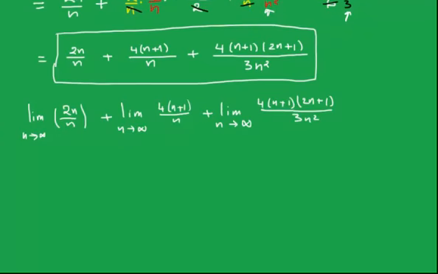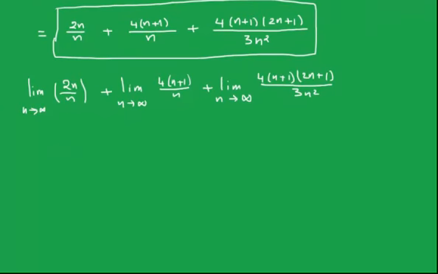Now we know how to compute limits at infinity. The first limit here, we can just cancel out the n, and we are left with 2.